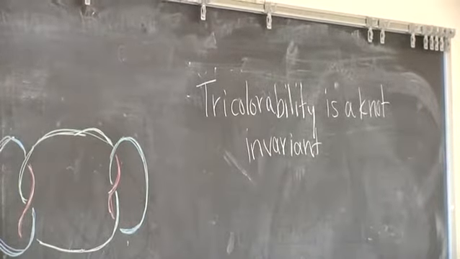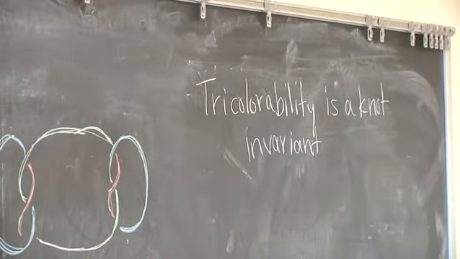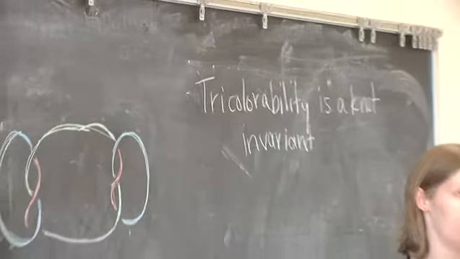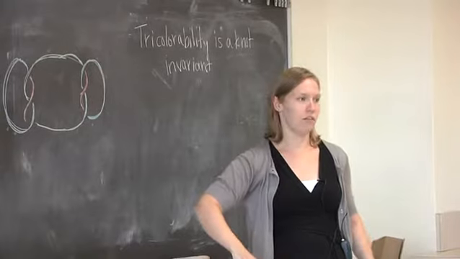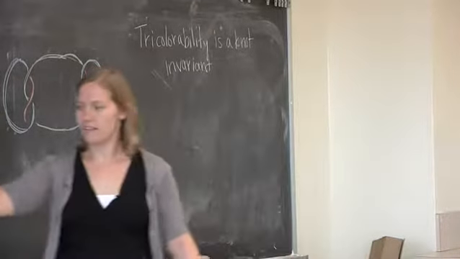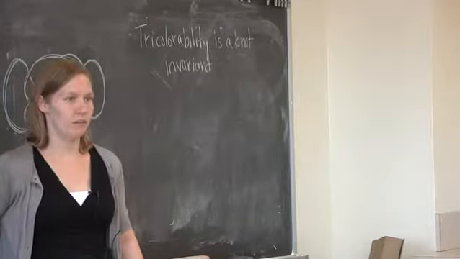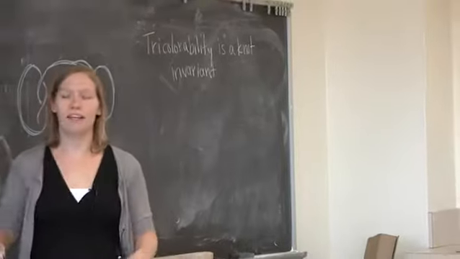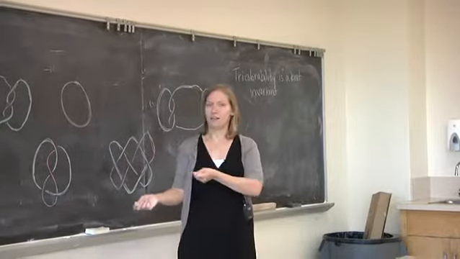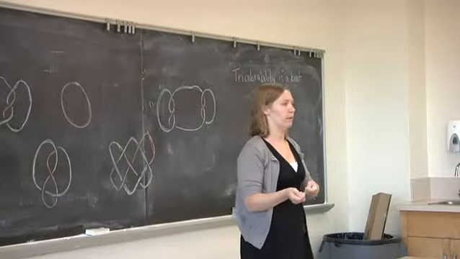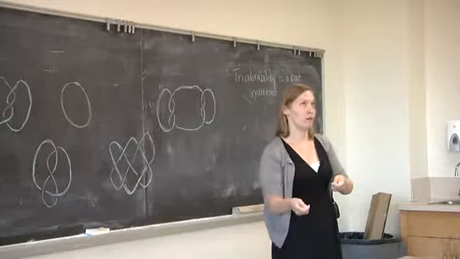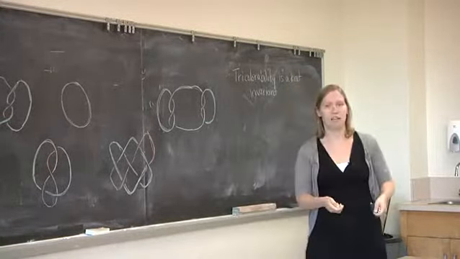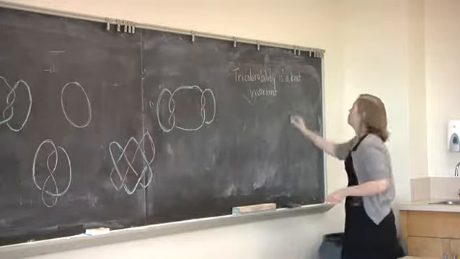What I mean by that is if I have this knot and I do any sequence of Reidemeister moves to it, it's still going to be 3 colorable. And if it's not 3 colorable, no sequence of Reidemeister moves will make it 3 colorable. So I can't do Reidemeister moves and change whether it's 3 colorable. You may have to write that sentence down to figure out what it meant. So if you're bored, try that.